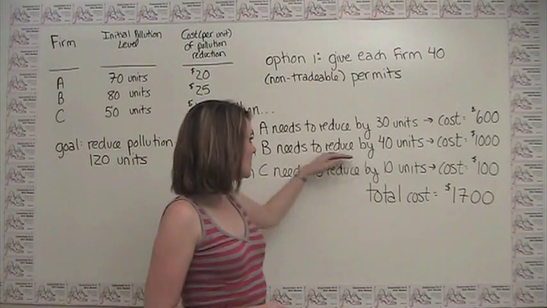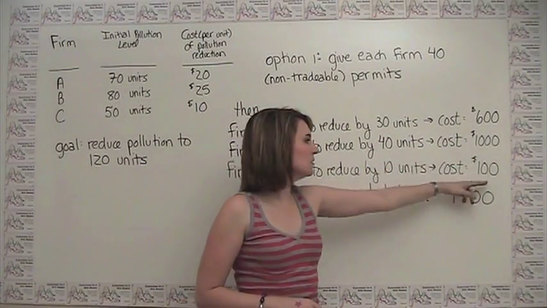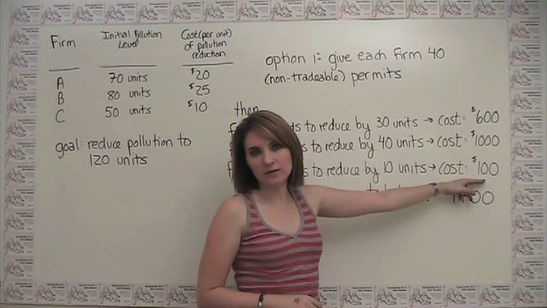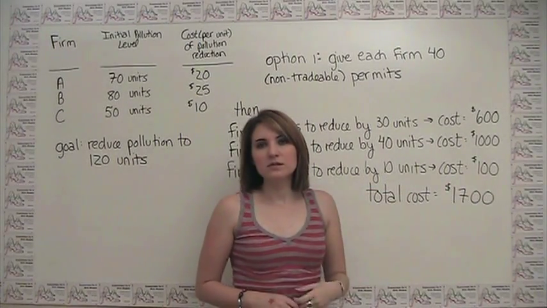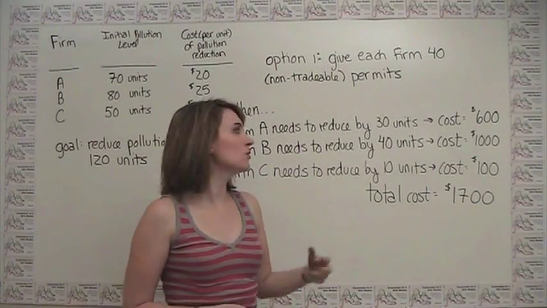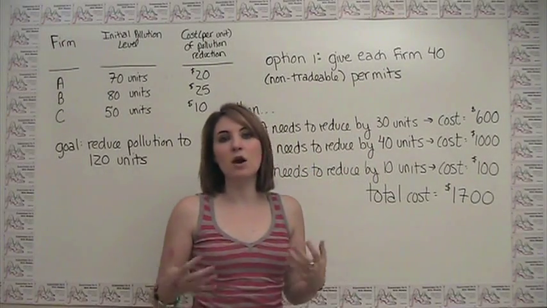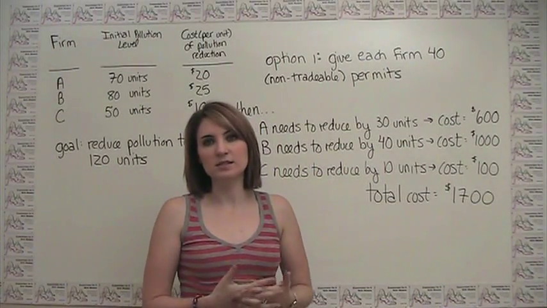We're imparting a comparatively higher cost of $1,000 on firm B than we are on firm C. So one could argue that the fair thing to do would be to give out the permits such that each one of the firms had the same cost of reducing pollution to the necessary level.